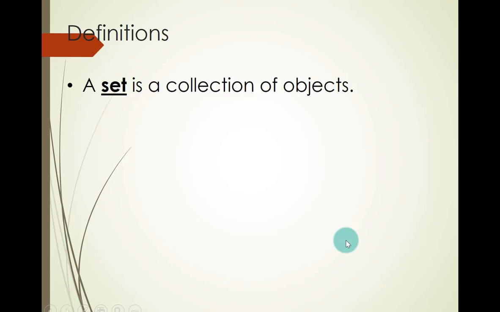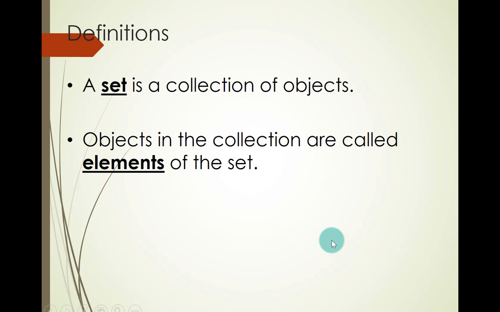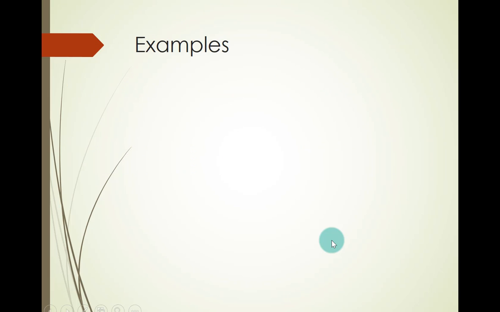So a set is just a collection of objects, and that always bothered me because then what's a collection? But anyway, we use this definition. The objects in the collection are called the elements of the set.